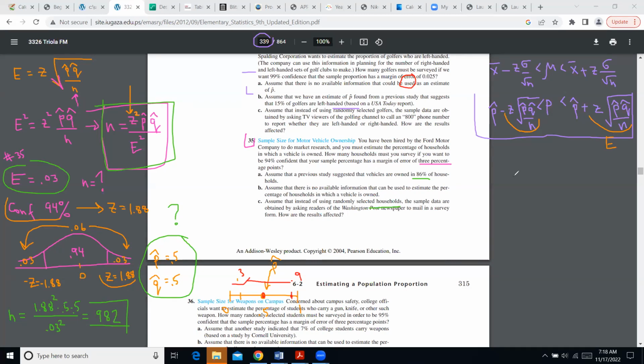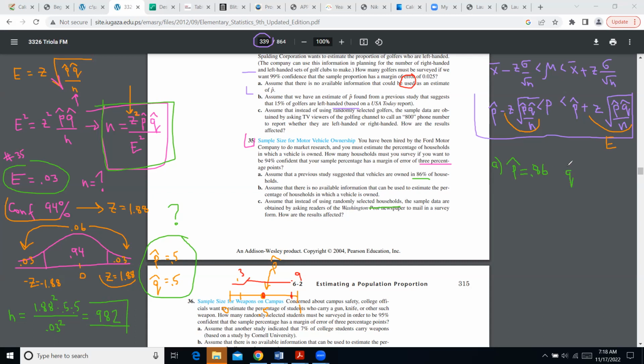But that's fine, because I think we will see exercises with no given initial estimate at all. So we'll use 0.5, but now we'll be able to see how much we improve.